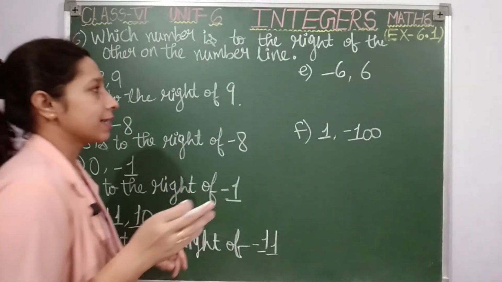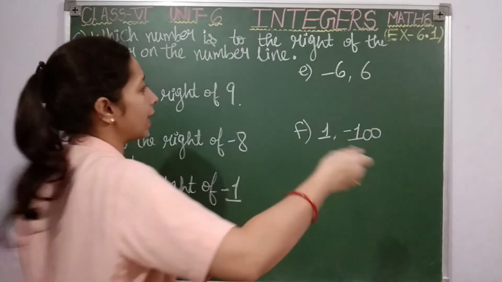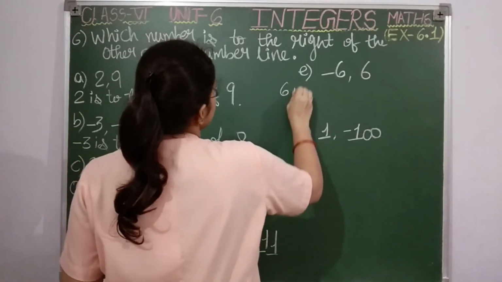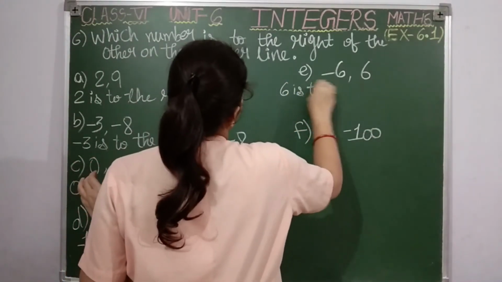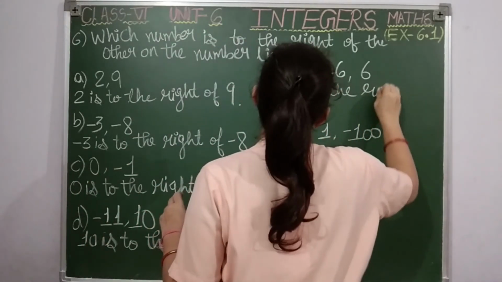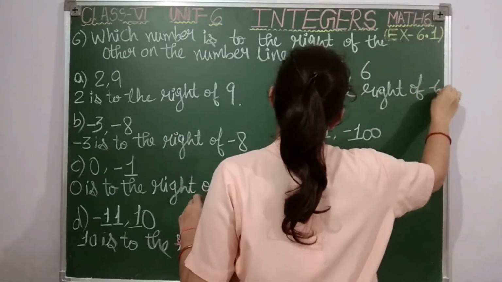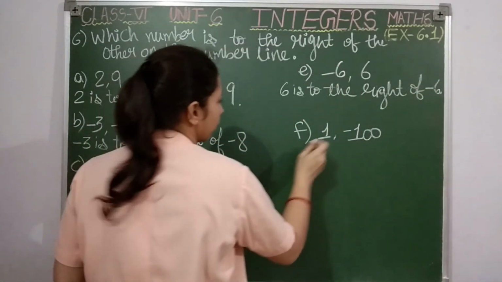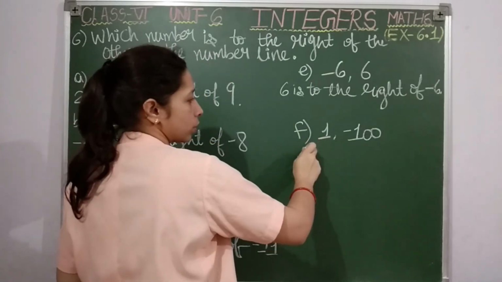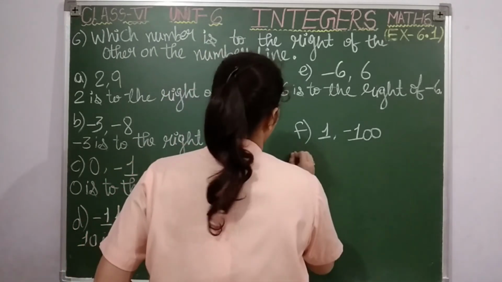Minus 6 and 6. So minus 6 will come on the left side, 6 will come on the right side. So we'll write 6 is to the right of minus 6. Okay. Here 1 is greater because it is a positive integer and minus 100 is a negative integer, so it will be smaller.